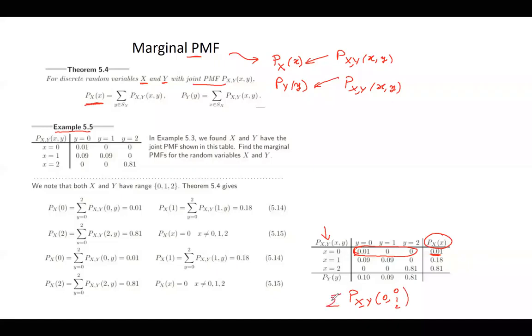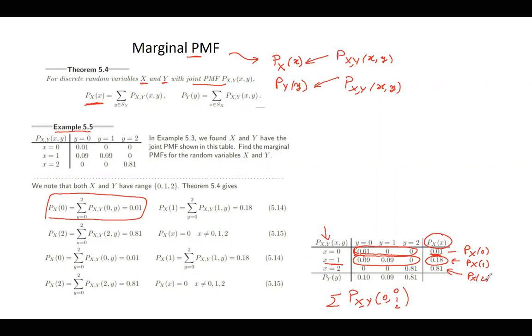So we add them up to get this. This is the formula we use. Similarly, for x equals 1, we use the second row and sum up all the values here to get the value of Px. So this refers to Px0, this refers to Px1, and this refers to Px2.